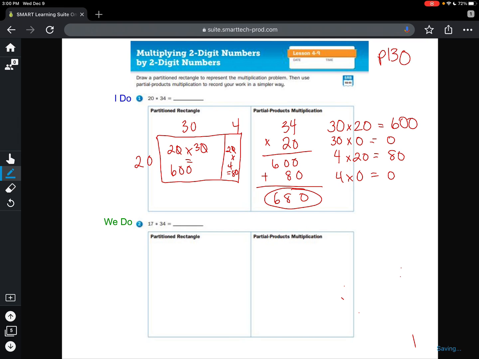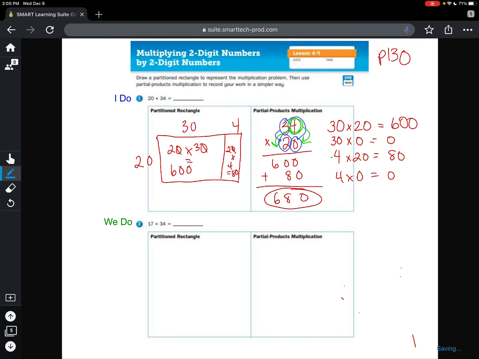Basically what I did to be able to solve here with the 2-digit multiplication, I did 30 times 20, then I did 30 times 0. Then I went over to my ones place and I did 4 times 20, which goes right here.